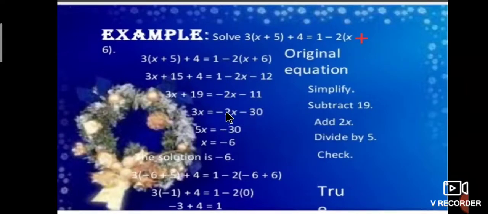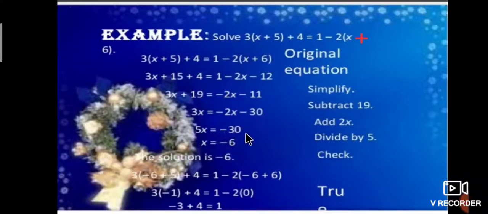Then simplify. 3 into x is 3x, 3 into 5 is 15, plus 4. On the right side, 1 minus 2x, and minus 2 into 6 is minus 12. Like that, 3x plus 19 is equal to minus 2x minus 11. 3x is equal to minus 2x minus 30.